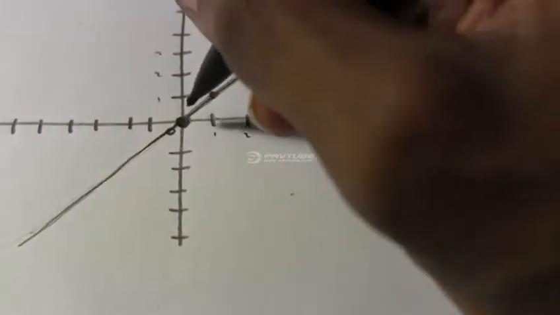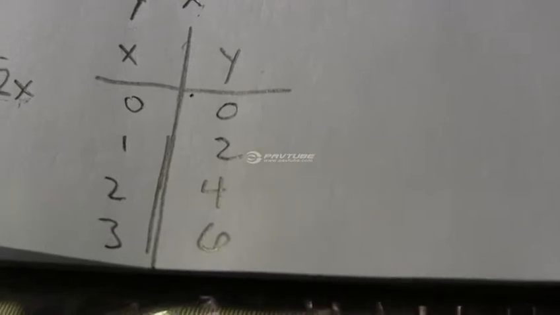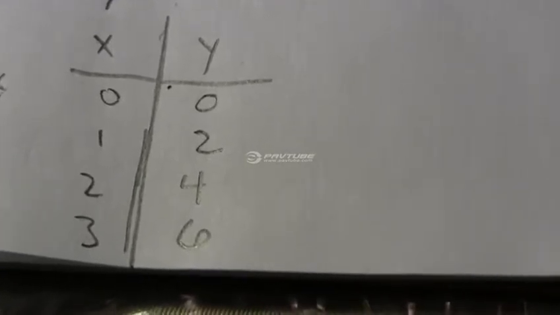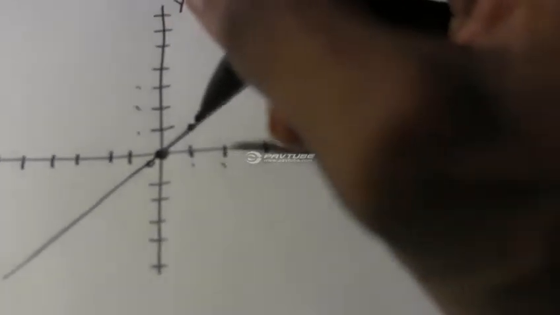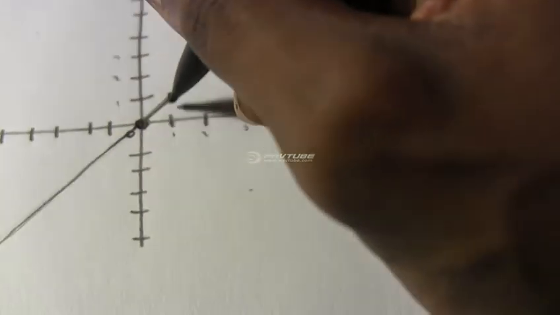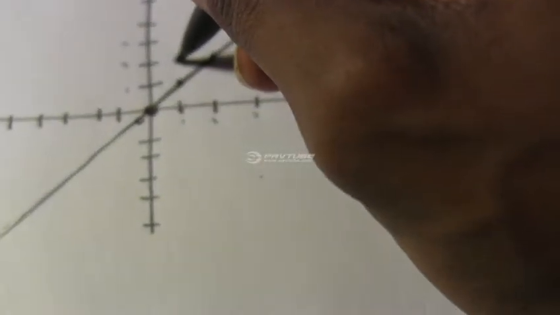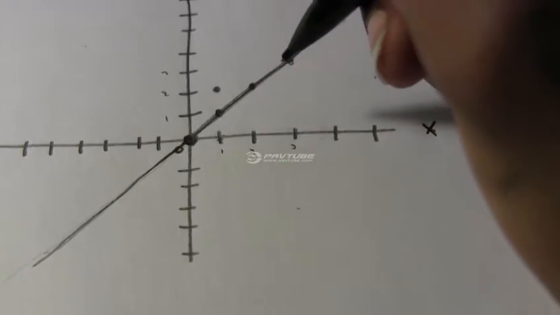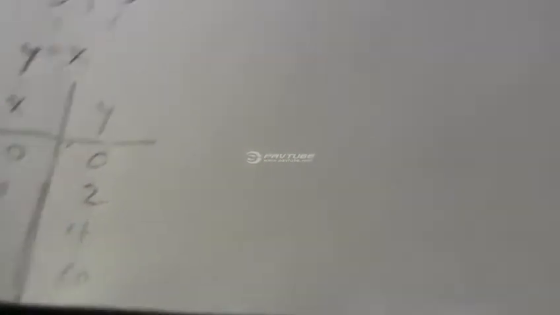That one didn't change. But now if you go to x is equal to 1, what do we got? Y is equal to 2. So now we're going to go up 2. 1 over for x, 2 up for y. So now we're up there. Okay? What about x is equal to 2? Well, we got 4. So we're going to go up to 4.